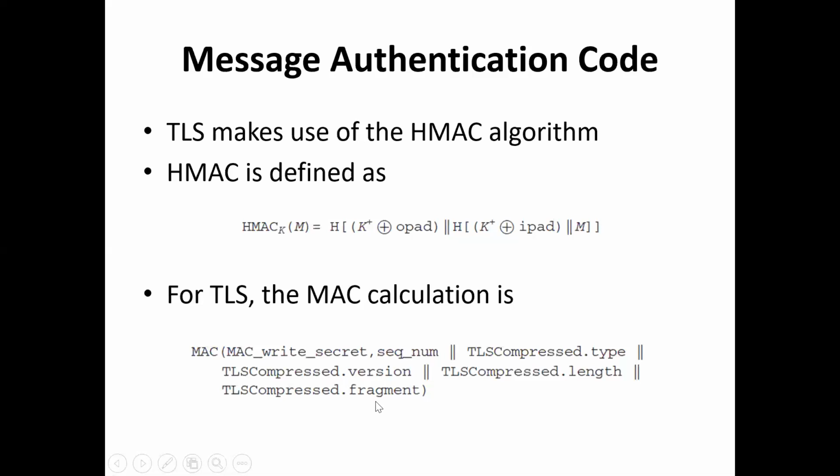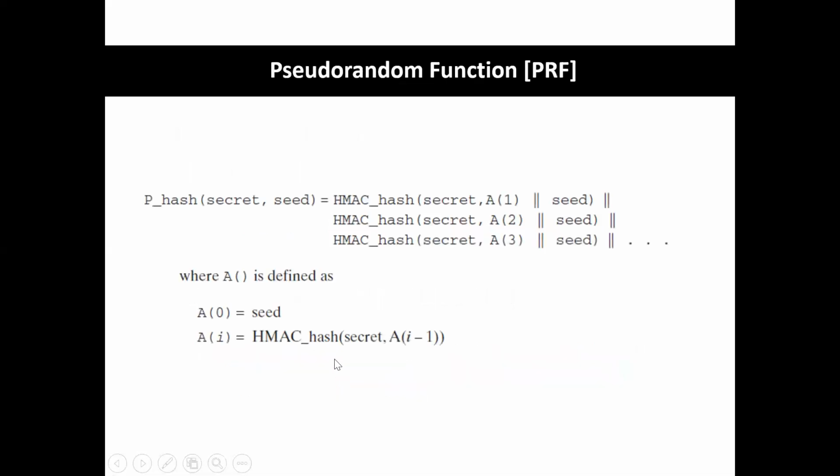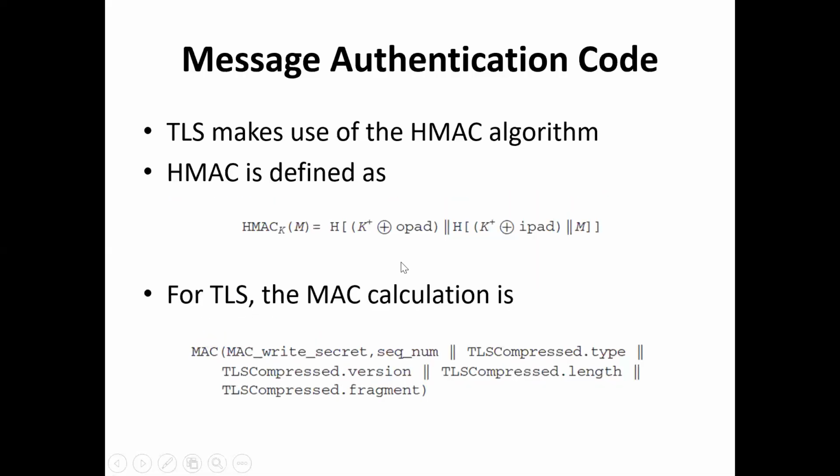That is the TLS compressed fragment. Otherwise, if you are not passing data to the compression algorithm, then you can directly take it as the TLS plain text fragment. Either you can take the plain text fragment or the compressed fragment, that is your choice. This is how we pass input for the MAC calculation, the message authentication code.